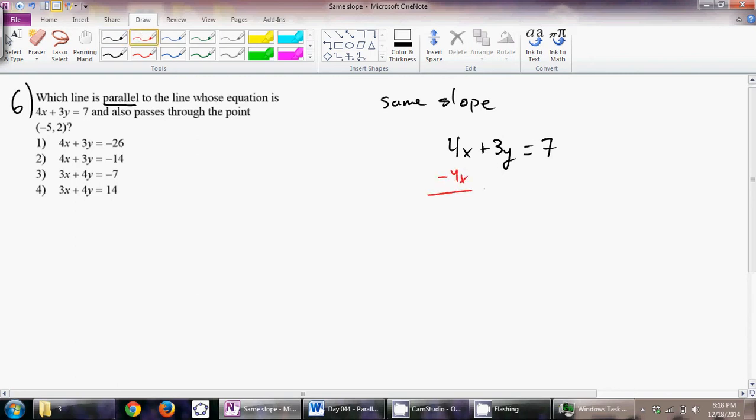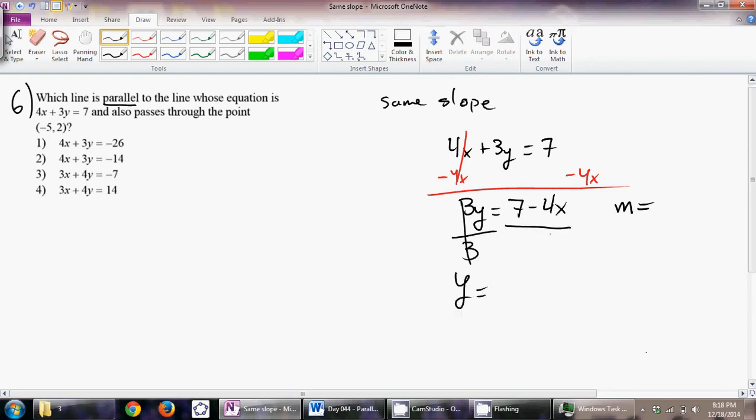I'll subtract 4x from both sides, and I'll get 3y equals 7 minus 4x. All I'm interested in is slope. So when I solve for y, I notice my slope is going to be minus 4 over 3. So I want a line that's parallel.